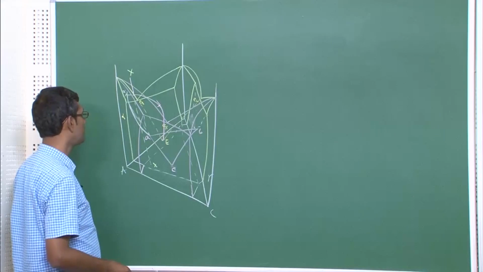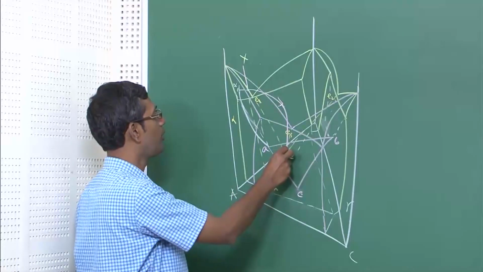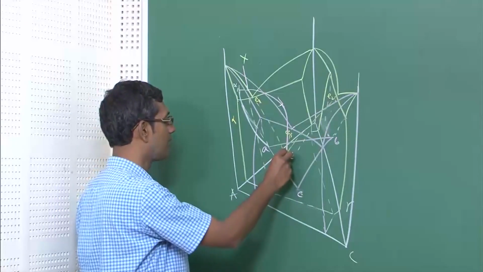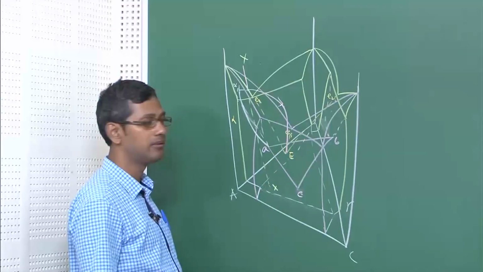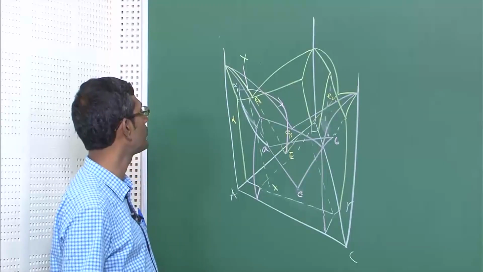And because of that, what is going to happen? Because of that, liquid will become richer in B, and finally it will reach the eutectic composition, and it will solidify as a full 3 phase alpha plus beta plus gamma. That is what is going to happen.